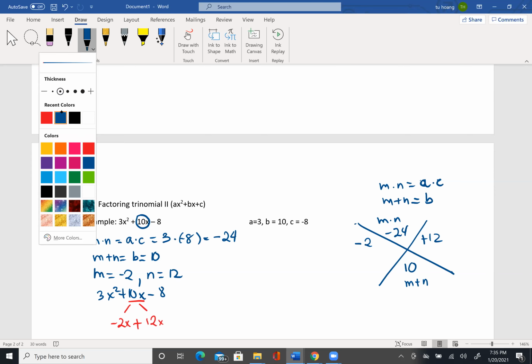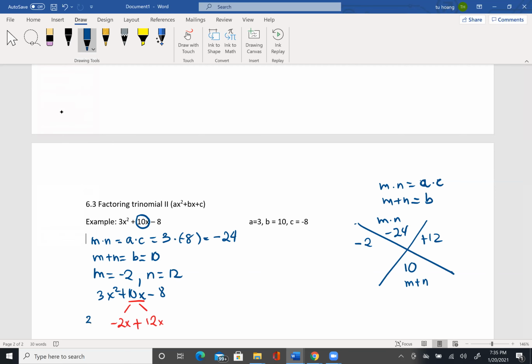Now, what about the rest? It's not going to change at all. So 3x squared stays and minus 8 stays. Okay, let me move this over here.